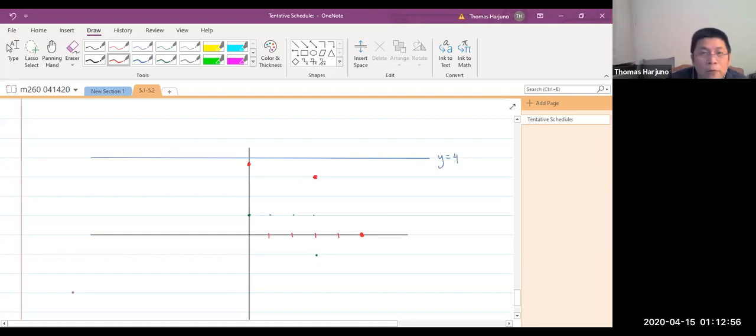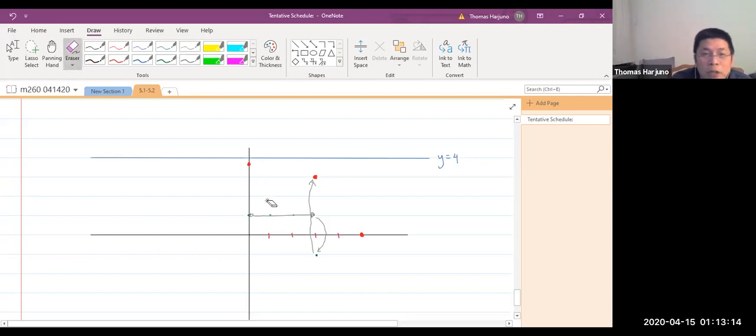I wonder if you can follow me. Originally 0, 1, right? Move 3 units to the right, and then upside down, and then move up 4. That's the transformation.